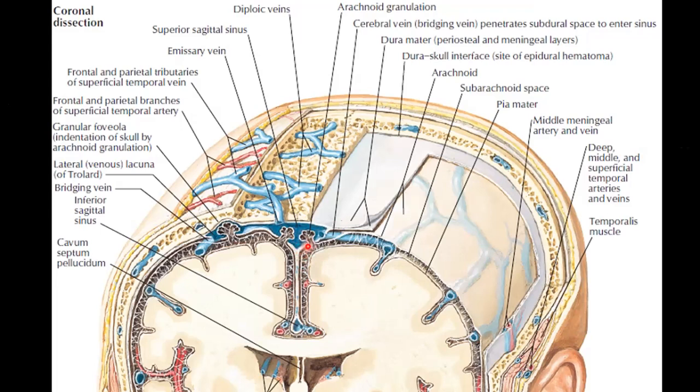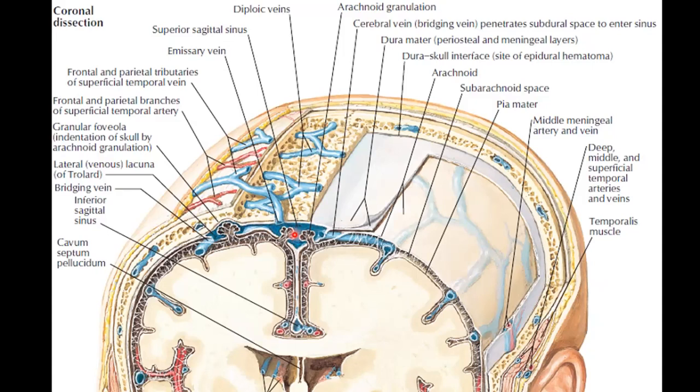You can see it is piercing to form the arachnoid villi, which as one ages, usually aggregate to form these arachnoid granulations, also known as the Pacchionian bodies. Okay, and you can see at some places we have this venous lacuna of Trolard. Okay, these are the venous lakes or the blood lakes, and they are found mainly alongside the superior sagittal sinus.